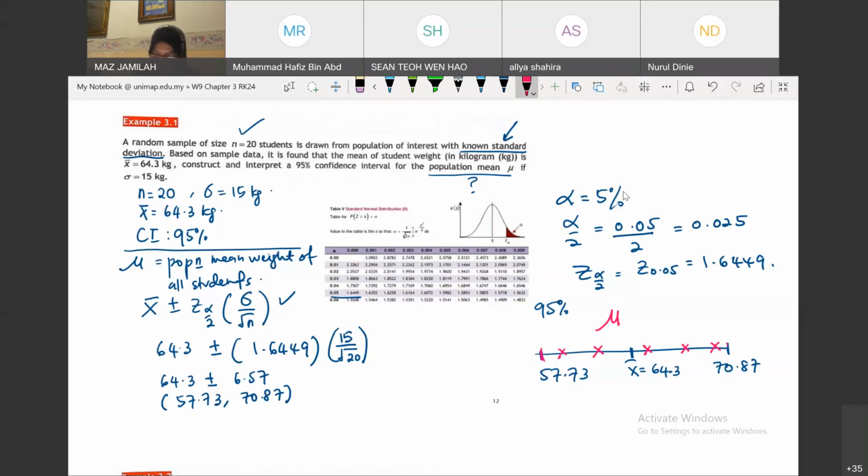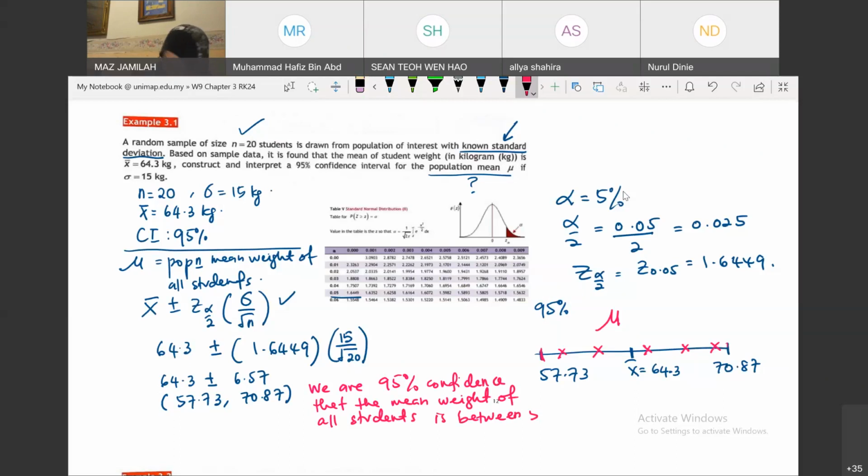So how can we interpret this? We can interpret that we are 95% confident that the mean weight of all students is between 57.73 kg and 70.87 kg.